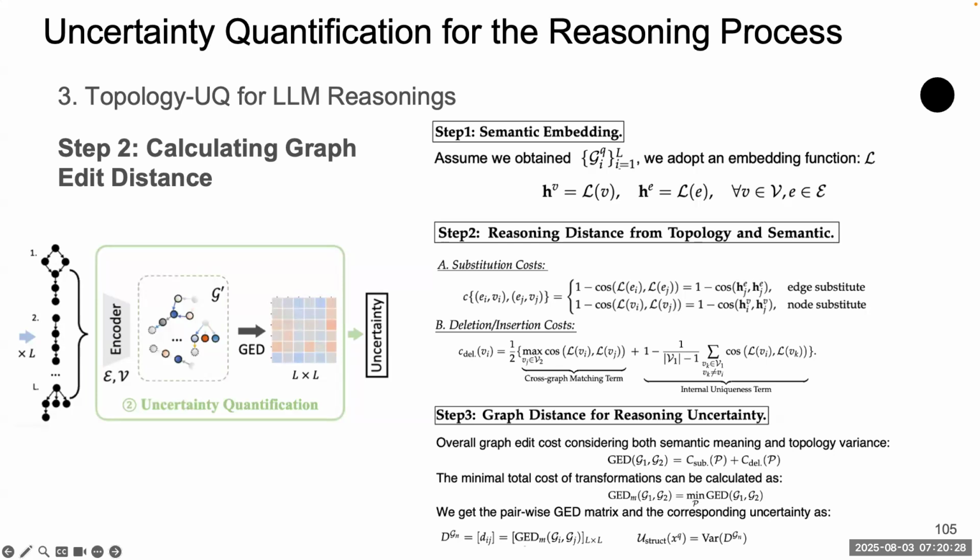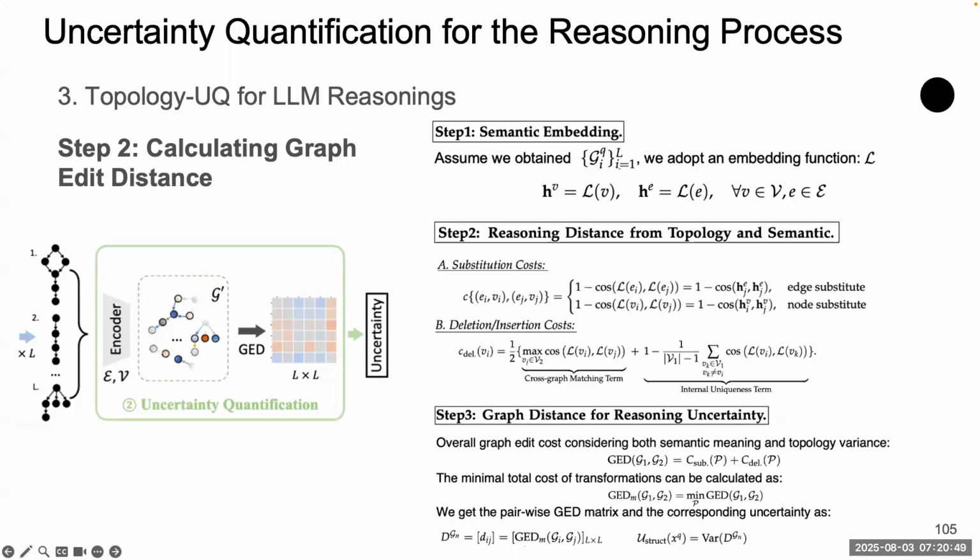And in order to do that, because the nodes and edges are now questions, not just numbers, they are text, so you have to embed the semantic meanings first to maintain them. The first step is semantic embedding, and then they calculate the reasoning distance from the topology using graph edit distance.